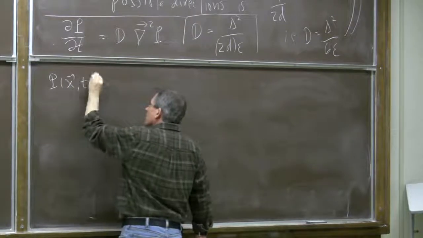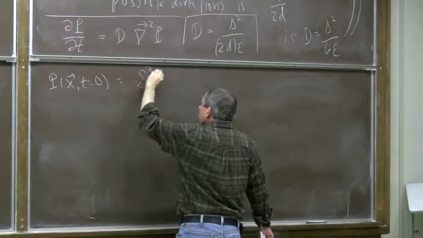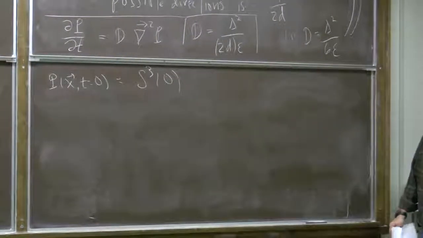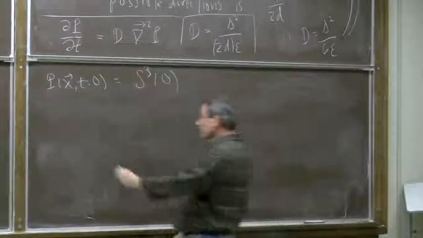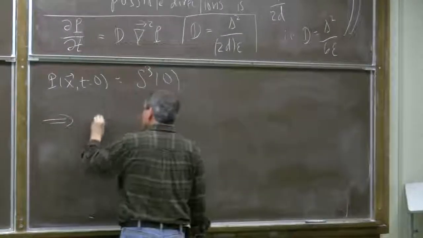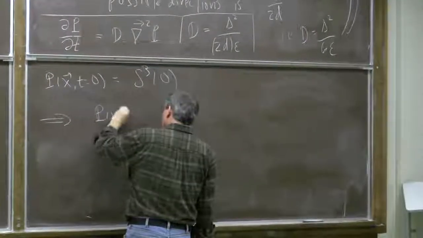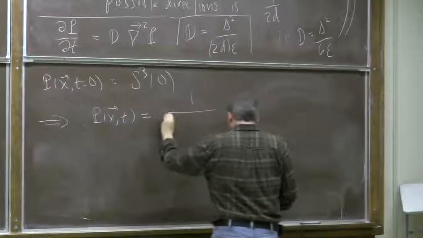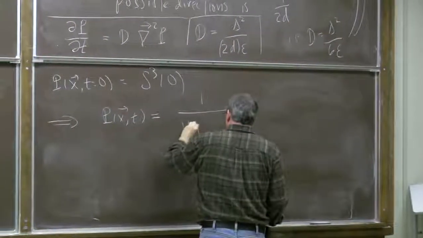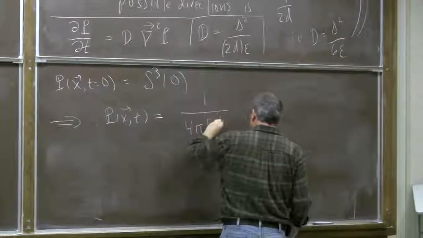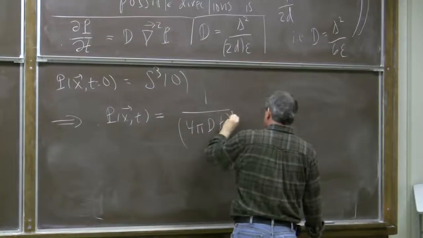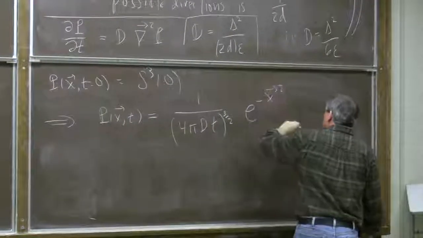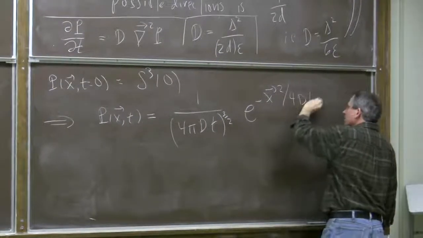So in other words, if at t equals 0, we have a delta function normalized to 1 and with support at the origin, then at time t, the probability distribution will be 1 over (4 pi D t) to the 3 halves, e to the minus x squared over 4Dt.